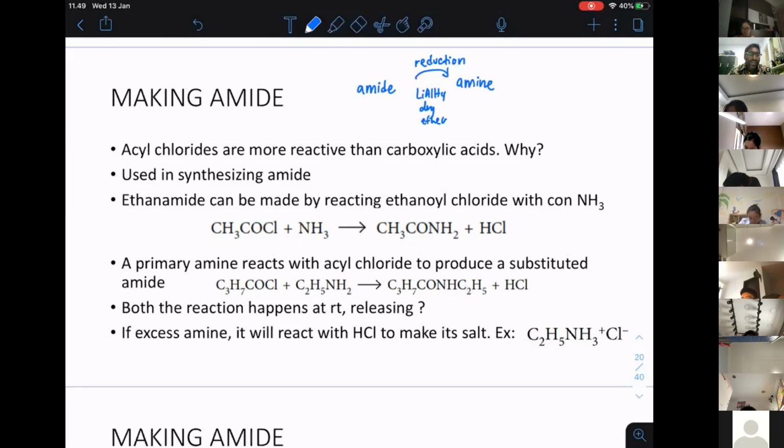In order to prepare amide, this one is related to what we have learned earlier. Acyl chlorides are more reactive than carboxylic acids. In general, when you want to make or synthesise anything in chemistry, we want something that is more reactive.